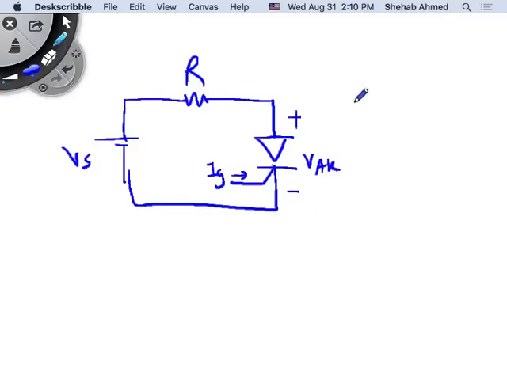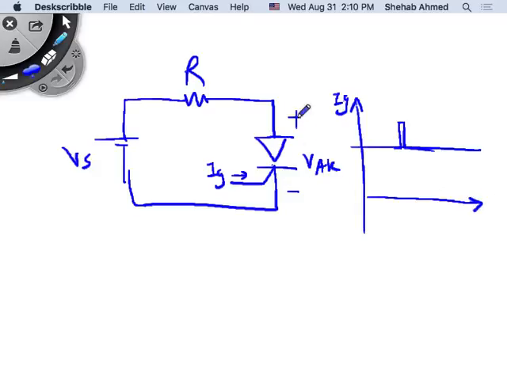As soon as you turn it on, it will act like a diode. You do not need to maintain the gate current. So if this is IG, gate current, I will give a pulse, let's say here. If I give a pulse here, what does the output voltage look like?